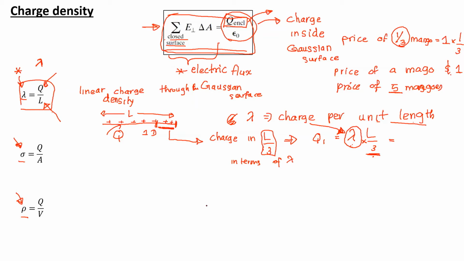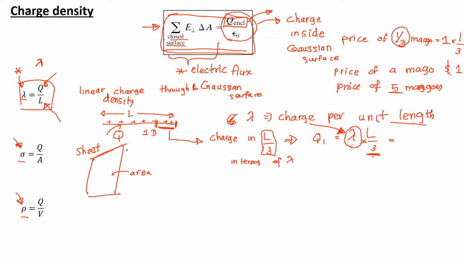In the same way, there are other densities that they have defined for other dimensions. For example, something like a sheet charge. You know sheets, right? A sheet has an area. It not only has a length, it has a width. So this has an area.